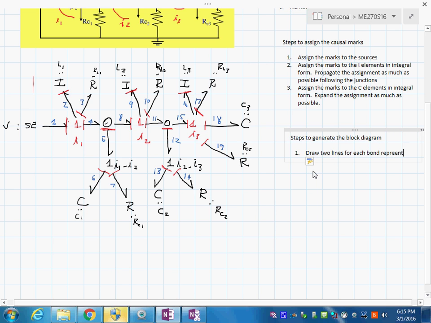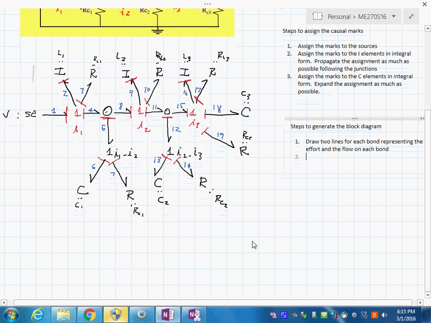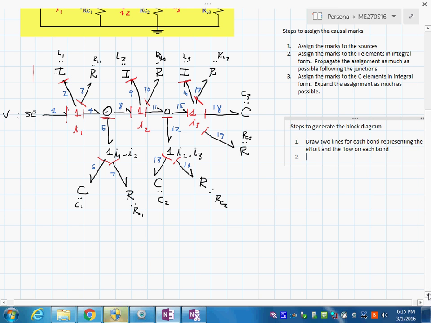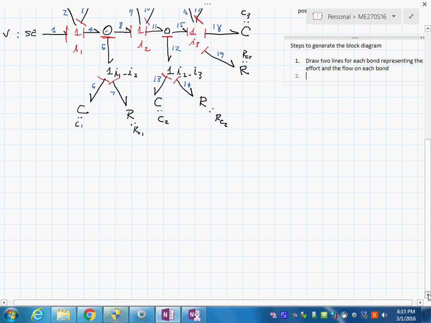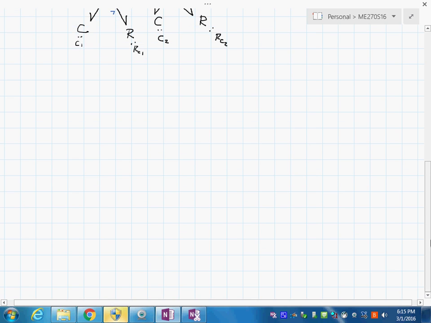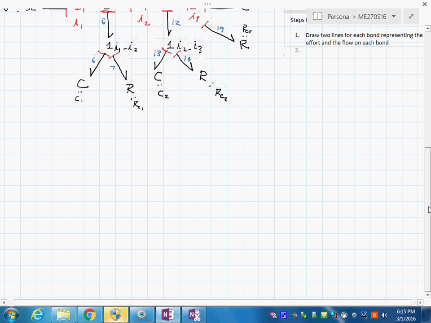So in here you could start anywhere, but I would suggest that we start from left to right, and just put the bonds the way they are in here. Now let's start over here so we have enough space like this. See, so this corresponds to those two.